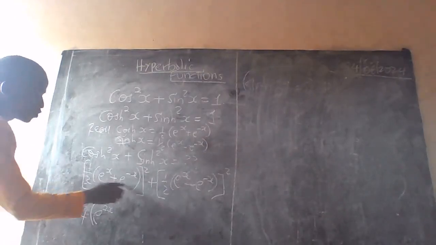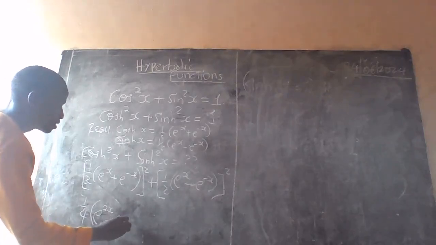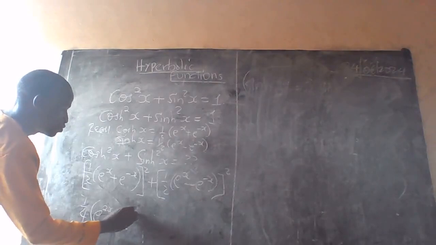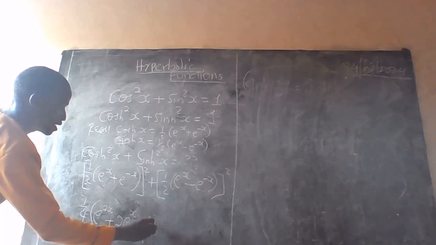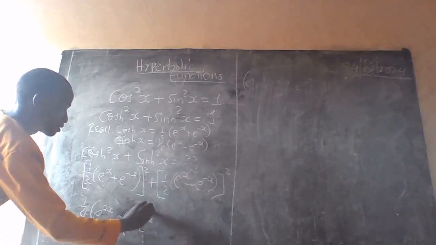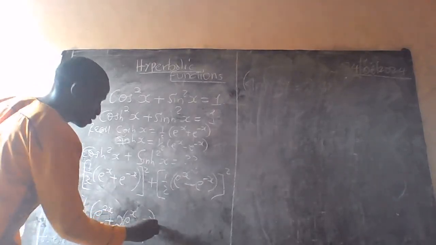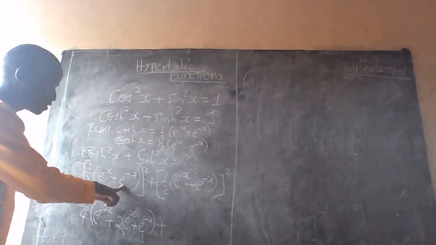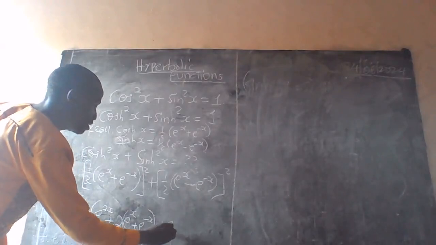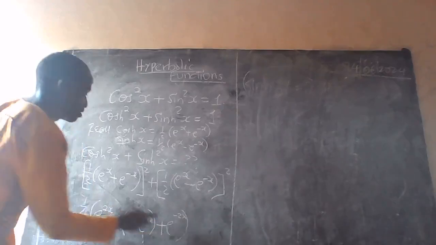Then we add it to twice the product of the two numbers, e^x times e^(-x), like that. That is twice the product of the two numbers. Then we add the square of the other number. That is going to be e^(-2x). So we are finished with this part.